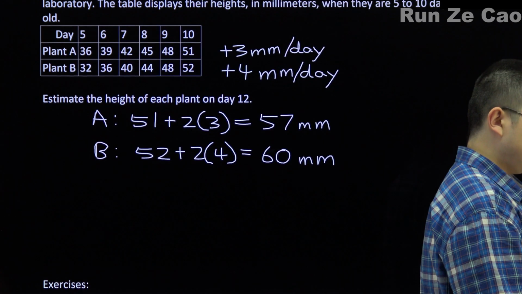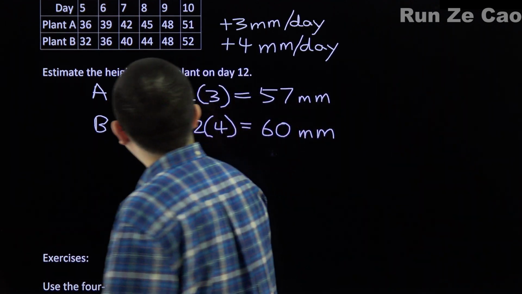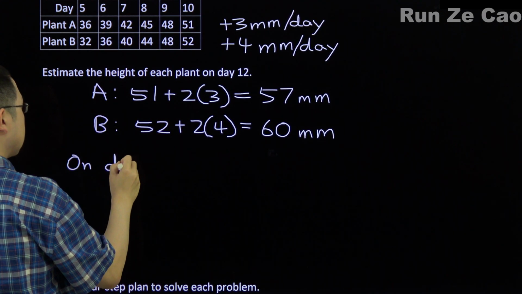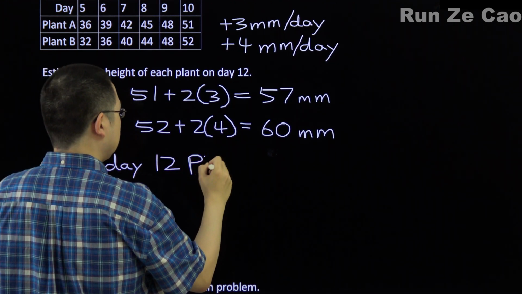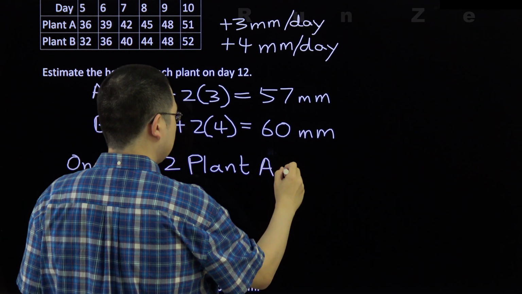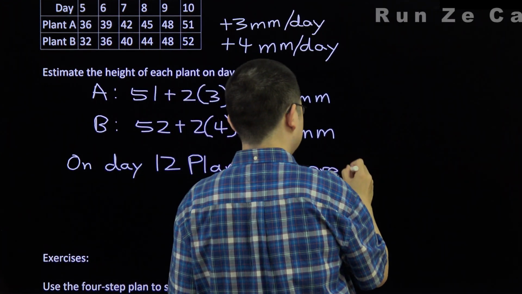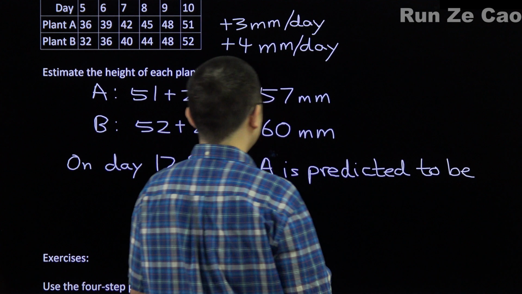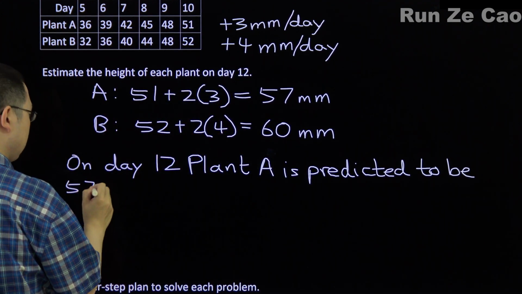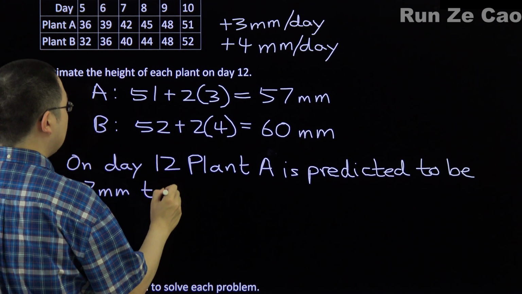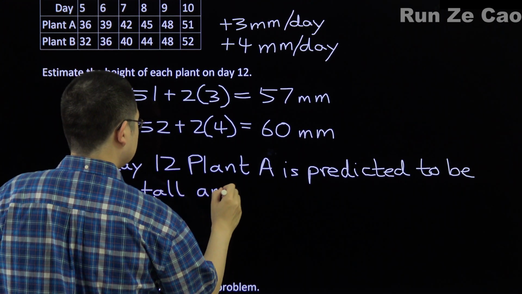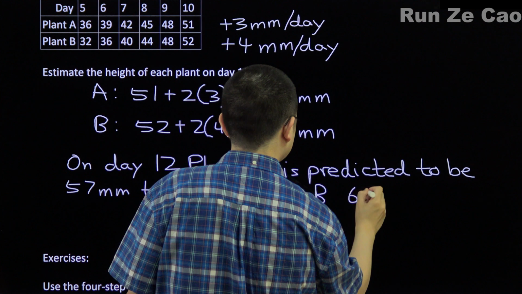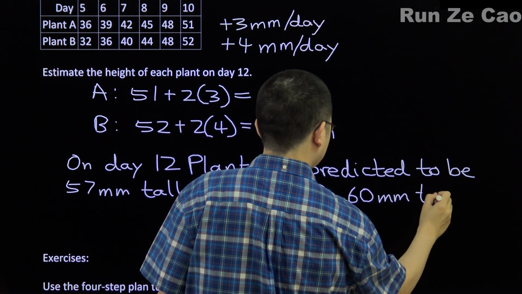Okay. And our statements would be, on day 12, plant A is predicted to be 57 millimeters tall, and plant B 60 millimeters tall.